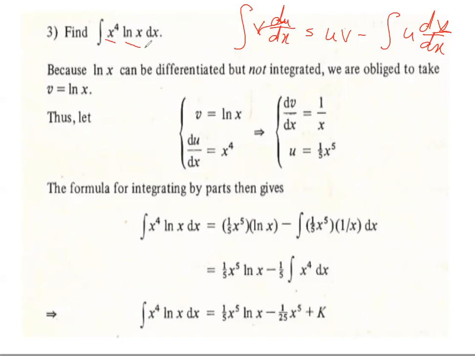If you make x to the 4 v and you make ln x du/dx, it will lead to something more complicated. So in this case, you have to make ln x v and x to the 4 du/dx.